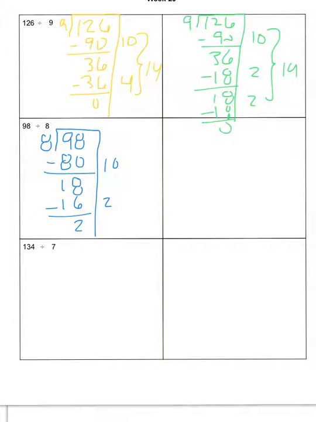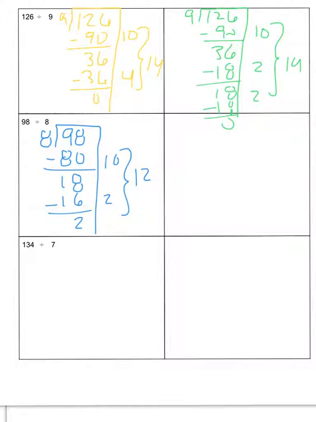So we really have two different ways we can write our answer. We can either say 12 remainder 2, or if we're sharing something equally, we may say 12 and then think about it as a fraction.